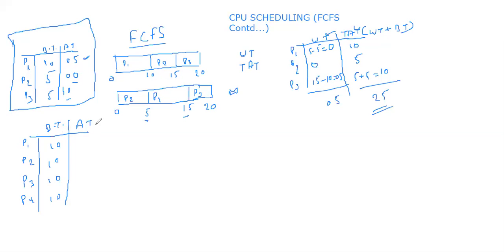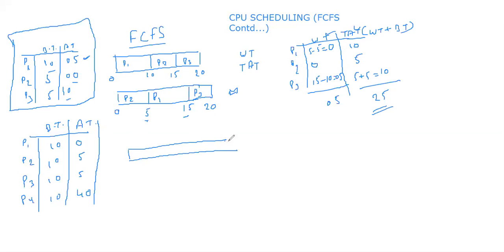Now for arrival time, suppose this one comes at 0, this one at 5, and this one at 40. Suppose you got this kind of system. Now let's try to design the FCFS chart for this problem.